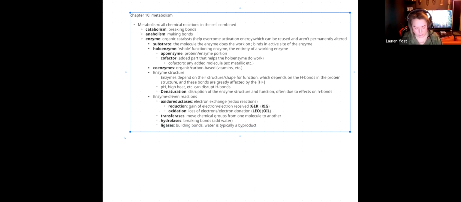And amphibolism is just combining making and breaking of bonds reactions.